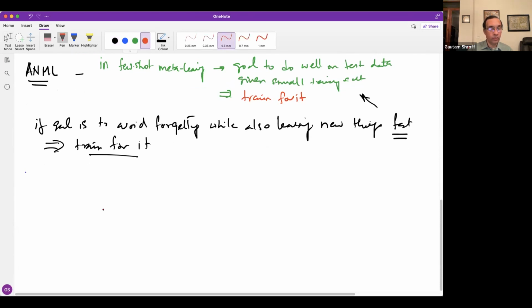So, what does it do? You get a new task. Tasks are just arriving, and then you adapt. So theta prime is theta minus alpha times the gradient of the loss on this task, just like we did before.